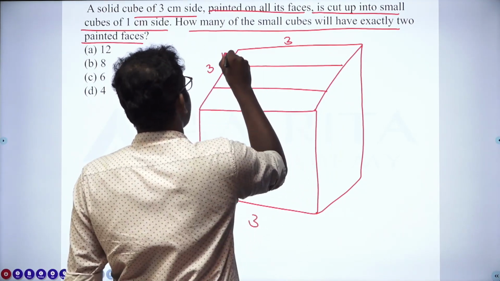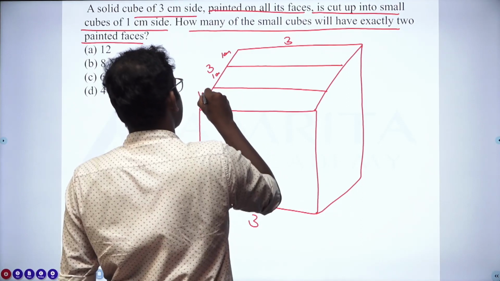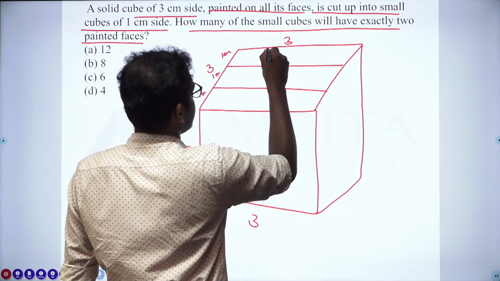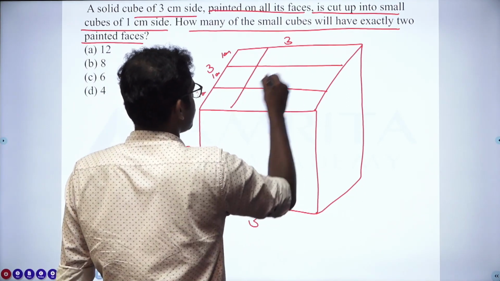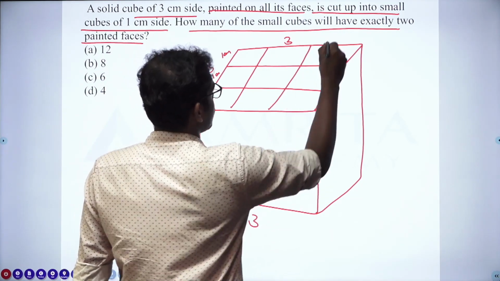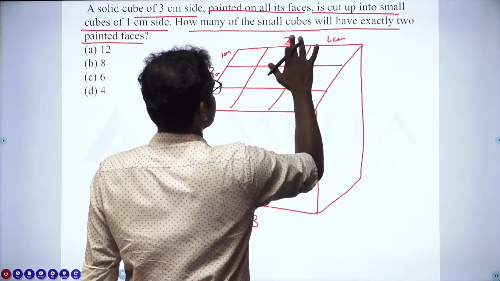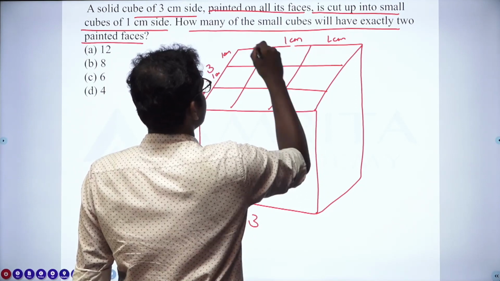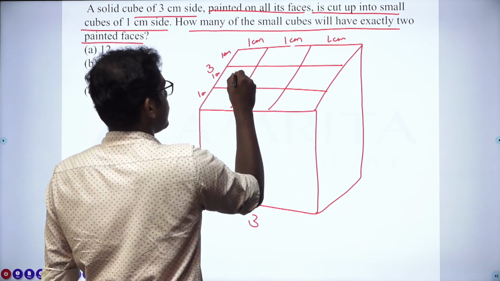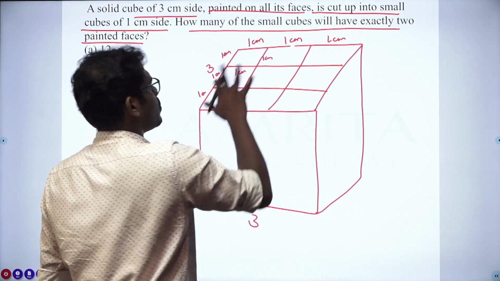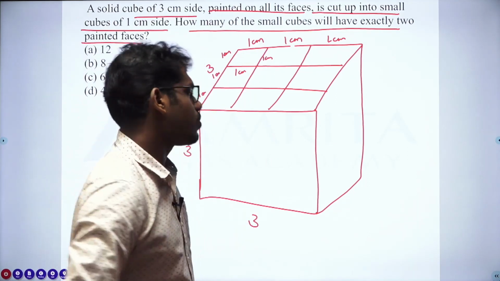So this is 1 cm. This is 1 cm. This is 1 cm. And also we have to cut here. This is 1 cm. This is 1 cm. This is 1 cm. So definitely it will also be 1 centimeter, 1 centimeter. So it's a cube of 1 centimeter sides. Clear? Okay.